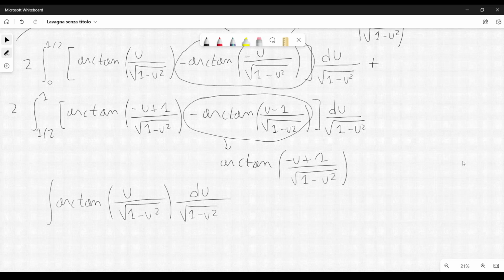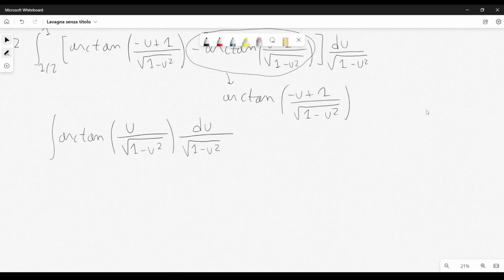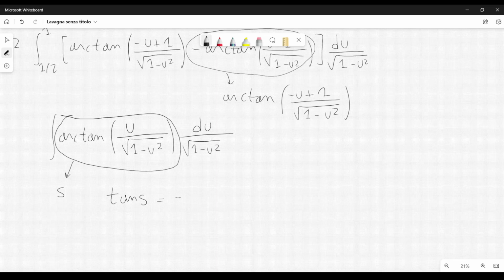And we can calculate this integral by using a substitution. In particular, we are going to substitute for this function the variable s, which means that we have tangent of s equal to u divided by the square root of 1 minus u squared, and from here we can rewrite 1 minus u squared, which multiplies tangent squared of s, equal to u squared.